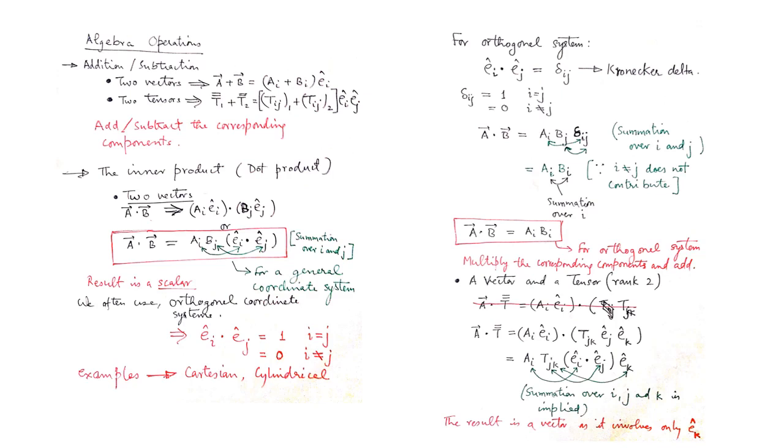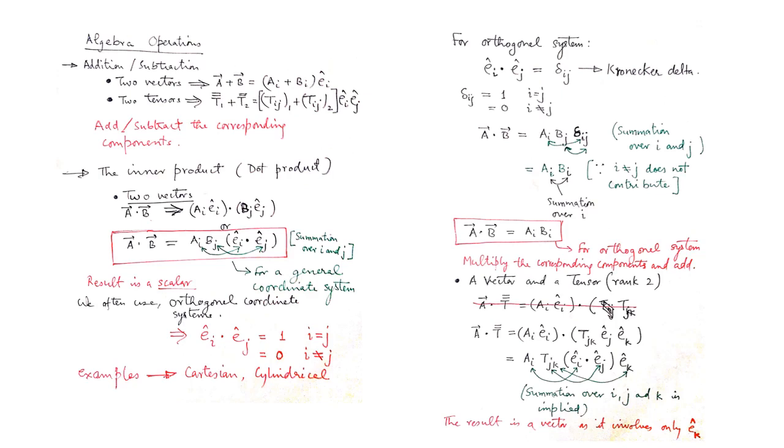But ei dot ej will always be 0 whenever I is not equal to j. This is because of the orthogonality of the coordinate system. e1 dot e2 is 0, e2 dot e3 is 0, and e1 dot e3 is 0. So the unit vector dot products are all 0 if I is not equal to j.